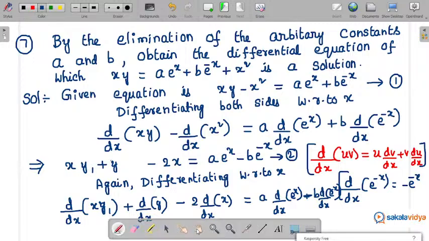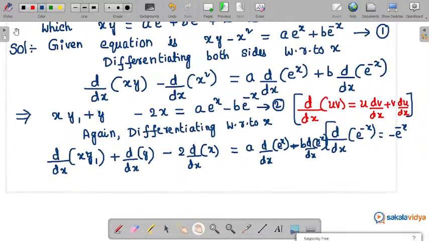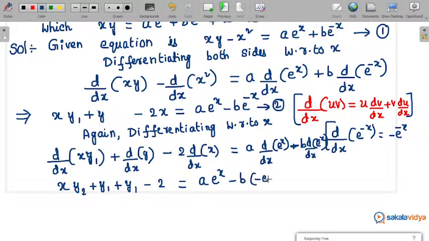So then what do we get now here? We get x into derivative of y1 which is y2, plus y1 into x derivative 1, y1 only, plus y derivative is y1, minus 2 into x derivative 1, minus 2, equals a into e power x minus b into minus e power minus x, because d by dx of e power minus x is minus e power minus x.